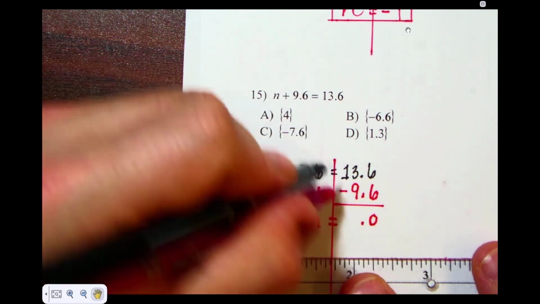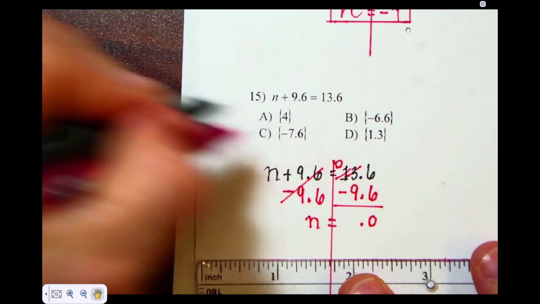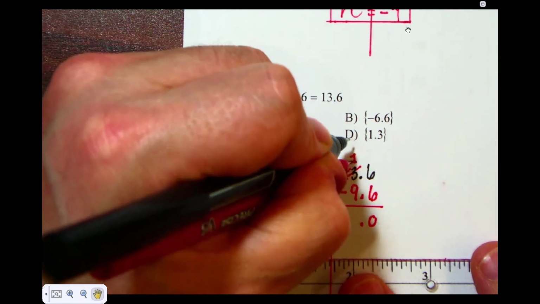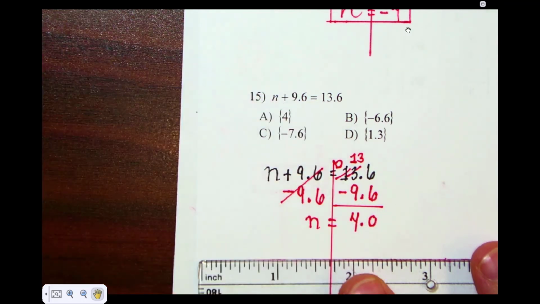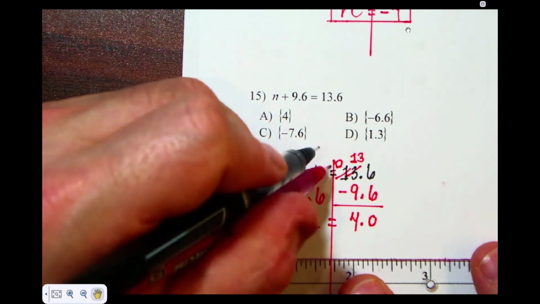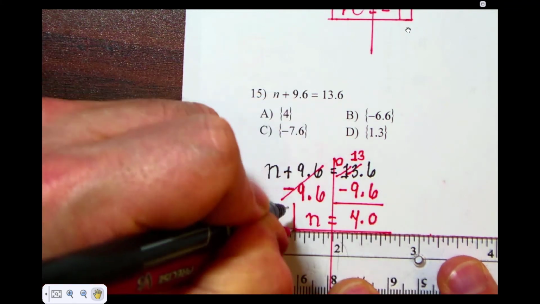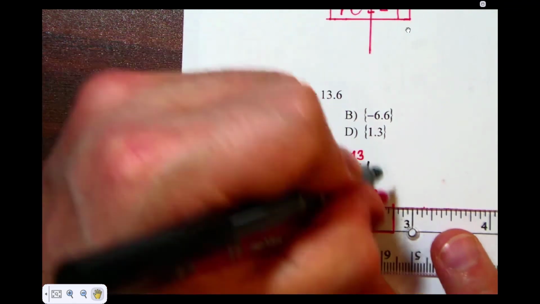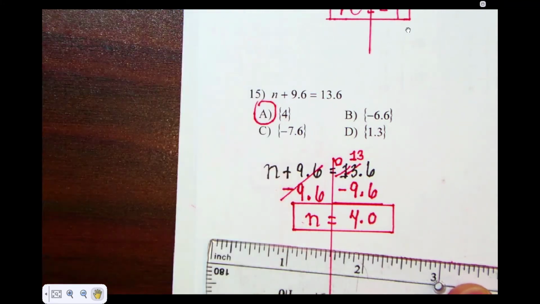Well, I can't take 9 from 3, so I got to borrow. Take this, make this a 0. Now add 10 to 3 for 13. 13 minus 9 is 4. Is it negative or positive? Well, the smaller number was the negative number, so the result has to be positive. Put this in a box, and let's go. I just now looked up here to see that 4 was an answer choice.